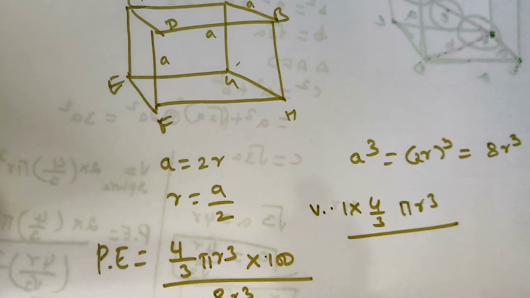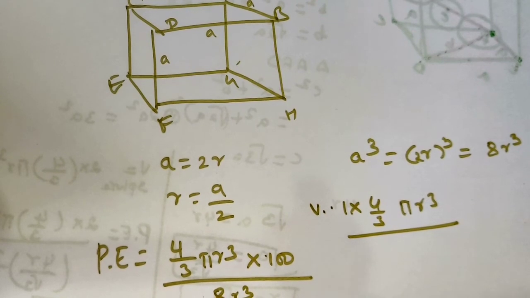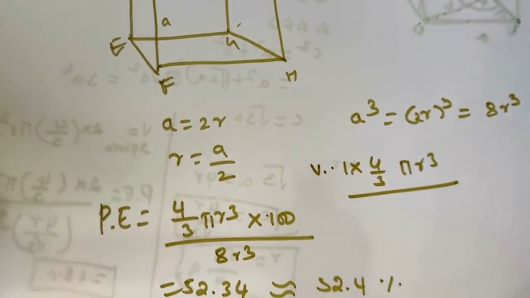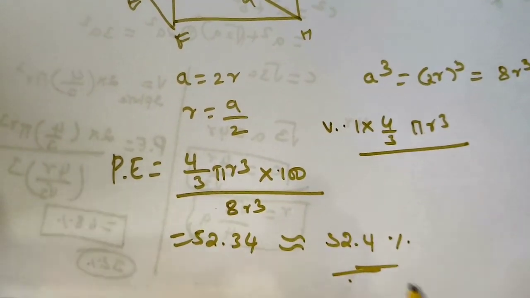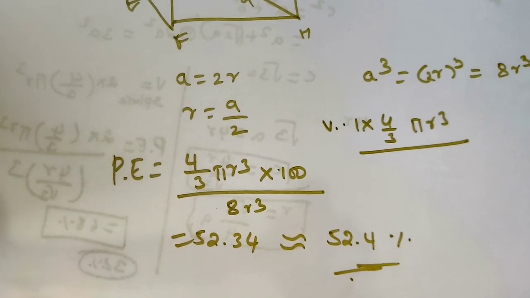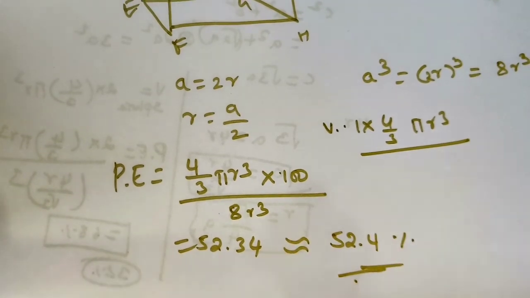We get 52.4%. That is actually 52.36, which can be written as 52.4%. This means 52.4% of space has been occupied by the atoms and the remaining will be voids.